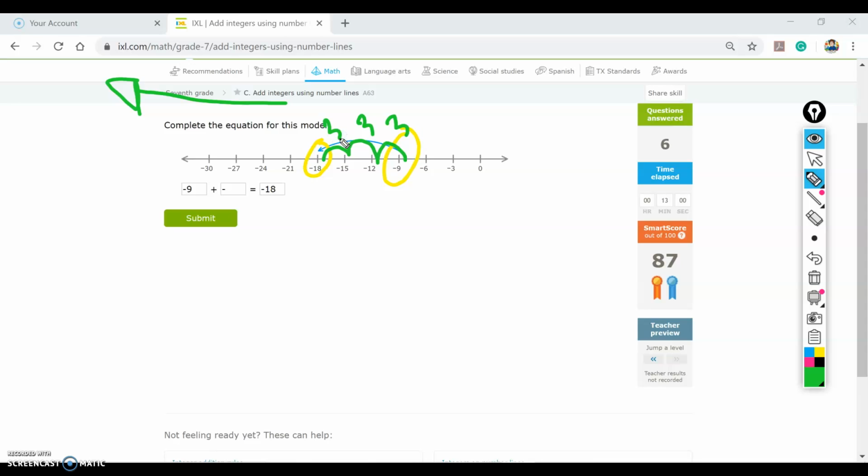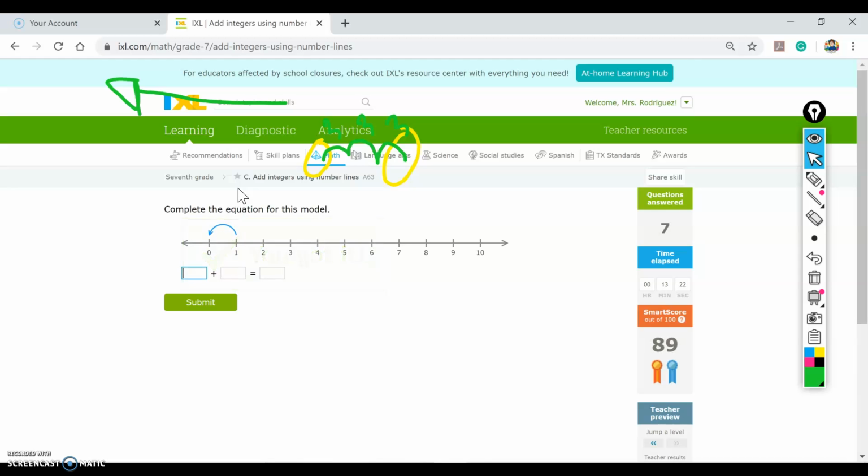So 3 plus 3 is 6, and 6 plus 3 is 9. So basically it would be -9 here. -9, and let's check, and there you go.